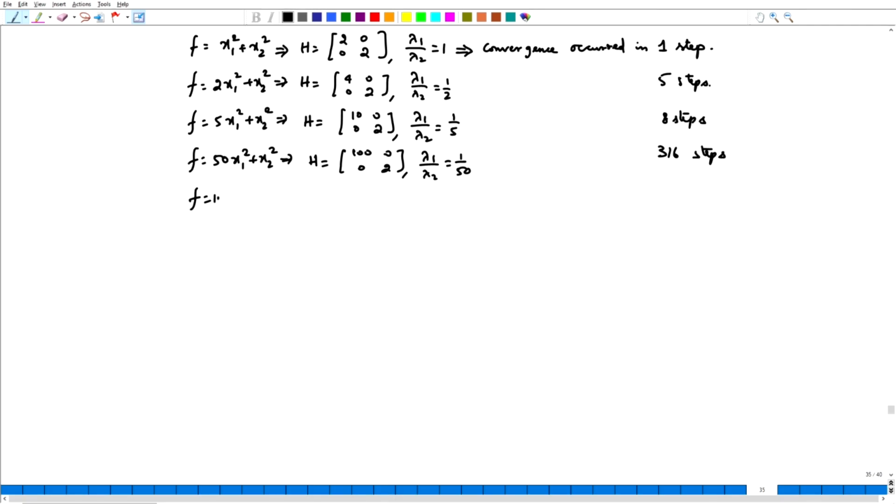And finally, when f was 100 x 1 squared plus x 2 squared, h is 200,002, lambda 1 by lambda 2 is 1 by 100, and this took 973 steps. All of this we looked at in the Python code in the last class.